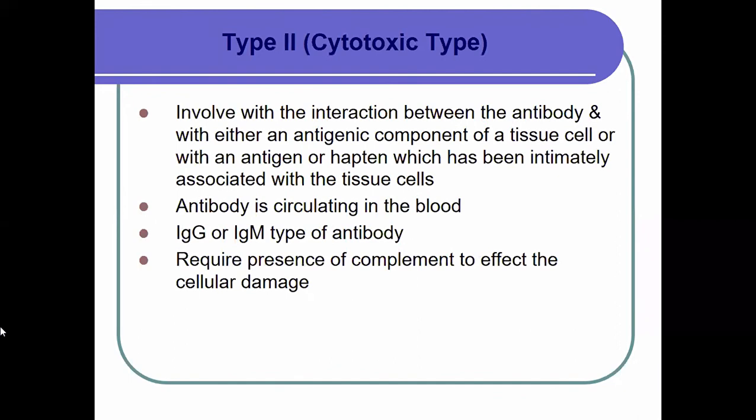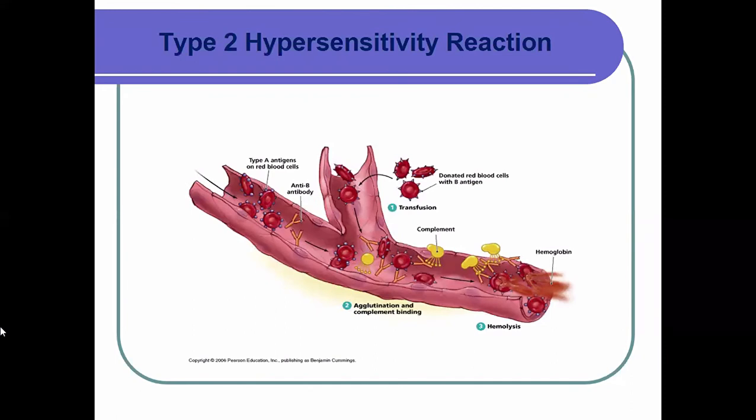The antibody is circulating in the blood, and this may involve immunoglobulins, the gamma and the mu. This requires the presence of the complement to effect the cellular damage. So this is the type 2 hypersensitivity reaction with the involvement of the complement system.